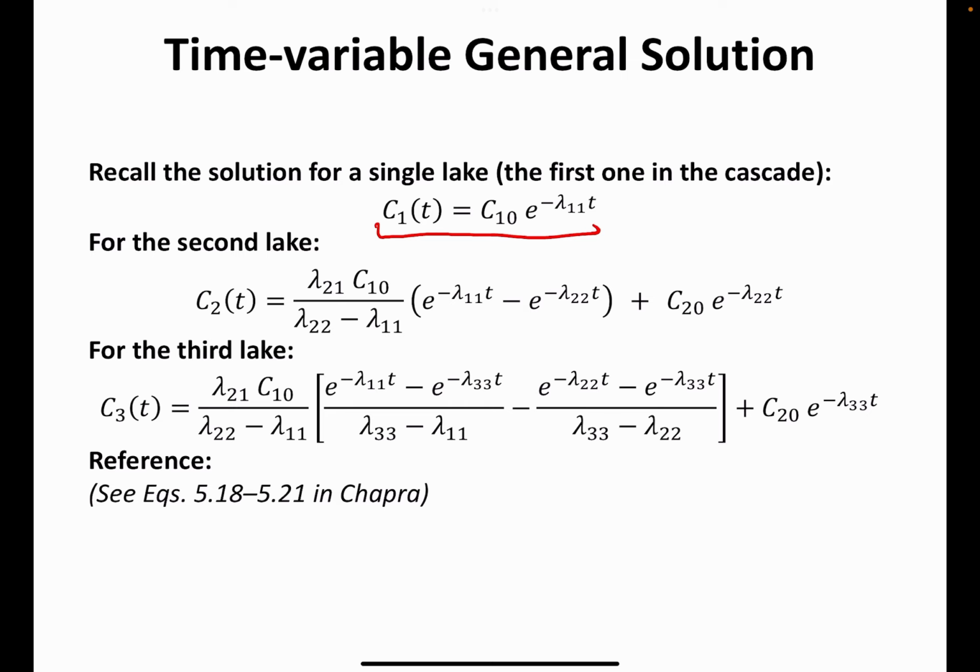This is the time variable solution: the concentration leaving lake number 2 is equal to lambda 2 times C10 over lambda 2 minus lambda 1 times the exponent, plus C20 e to the power minus lambda 2 t. If you do the same thing for the third lake, you're going to have this term. Of course, you could just go to equations 518 to 521 in Chapra, and by practice, I'll solve an example in the next video, and then you'll see how easy it is.